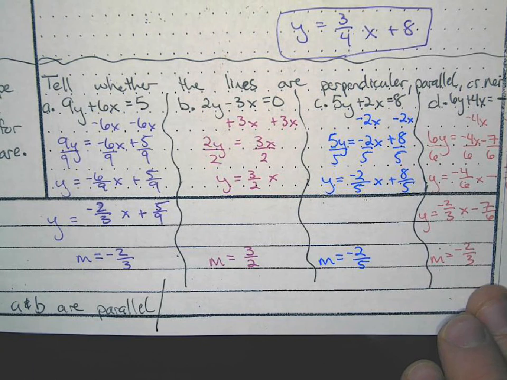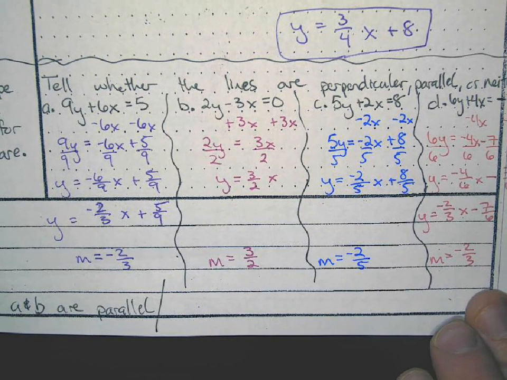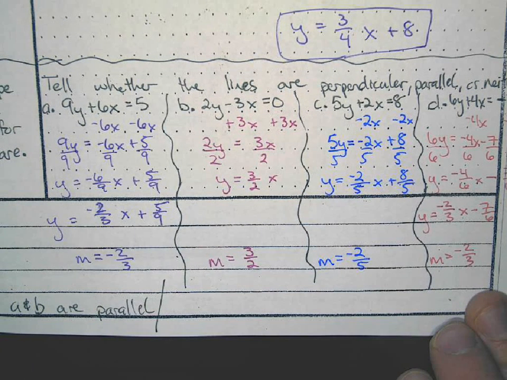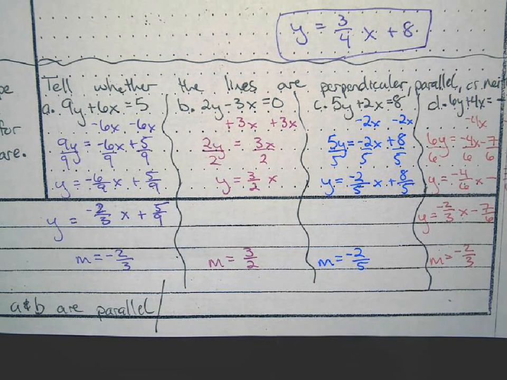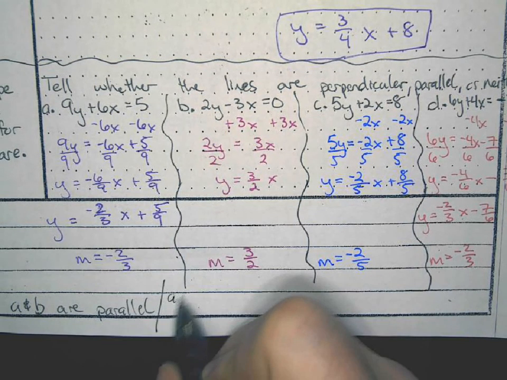There's my first statement. My next statement is, let's see if there's anything perpendicular. So we're looking for opposite and flipped. This is negative 2/3, so opposite and flipped would be positive, and then I flip it, it's 3 over 2. Oh, well, that's right there. So A and B are perpendicular.